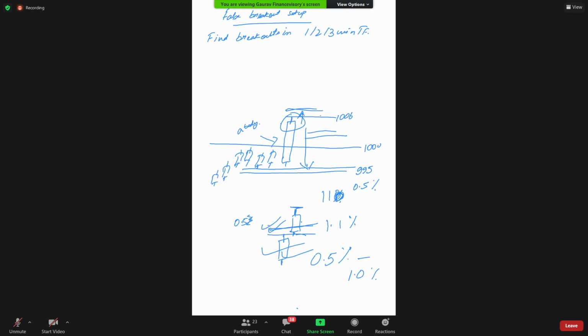Should I move to charts now, just to show you a few? How do you pick stocks for intraday? How is investing.com? Investing.com is good. So yeah, I'll move to charts just to show you a few structures.